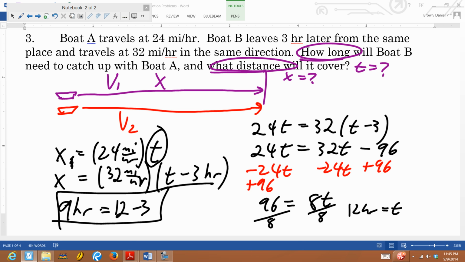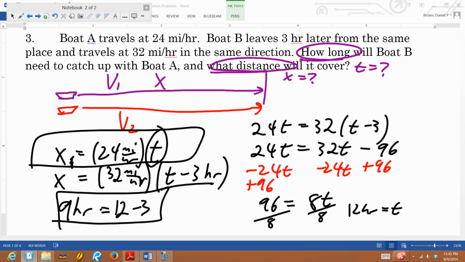All right, now I want to see the distance the boats covered. And that's pretty simple, because I can take the equation right here and just multiply in 12 times 24. I can also do the same thing in the next equation, 9 times 32.